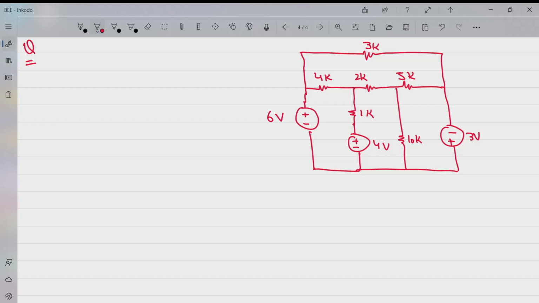So determine the current through 10K resistance.